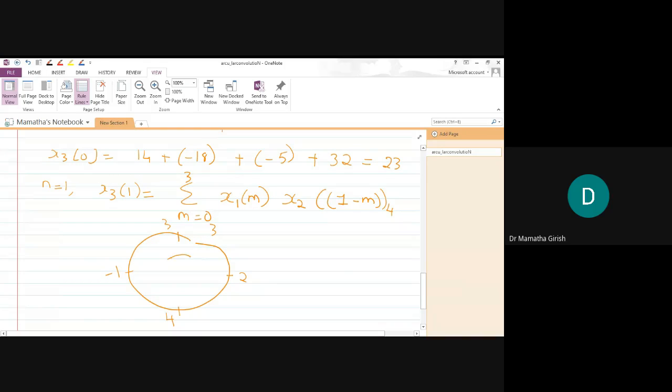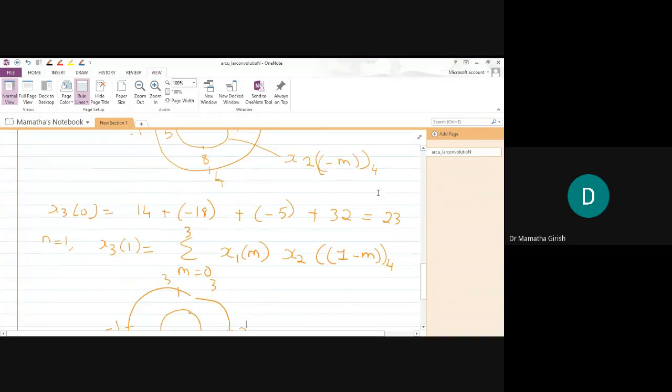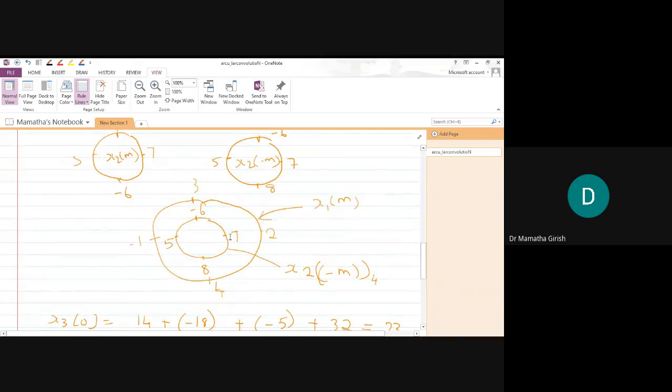Coming back to the inner circle, what does it mean? x2 of 1 minus m modulo 4 means this particular sequence x2 of minus m has to be shifted by an interval of 1. For n equal to 0, how did I get x2 of minus m?